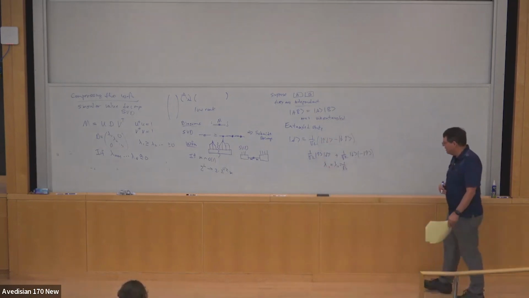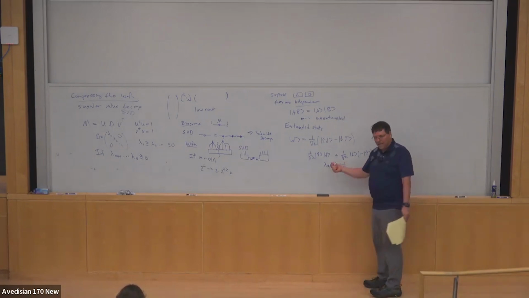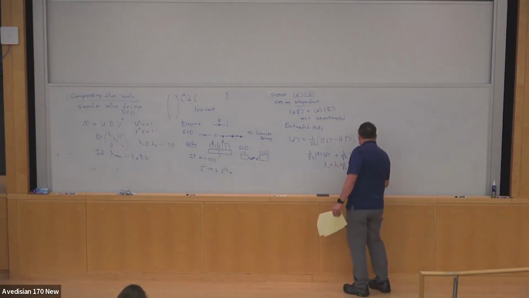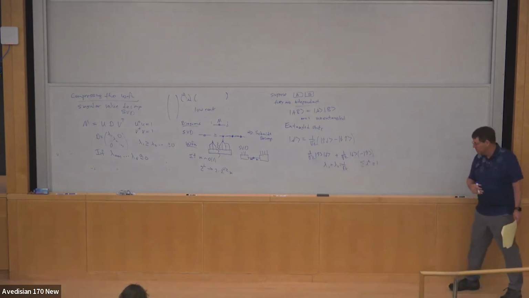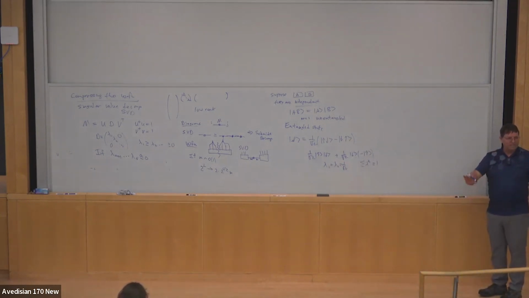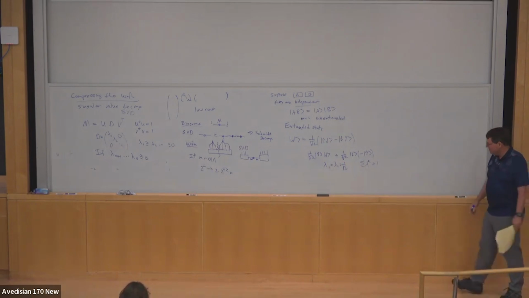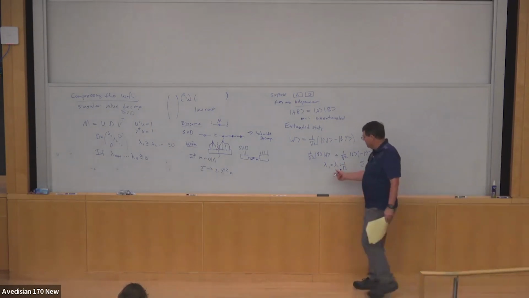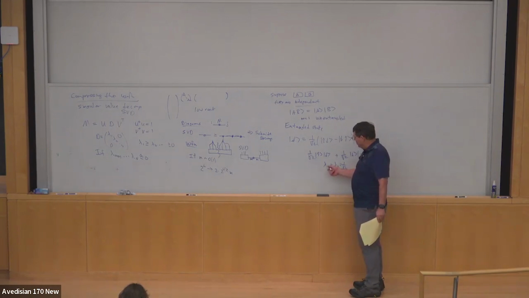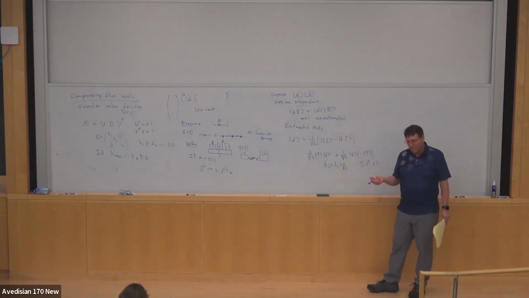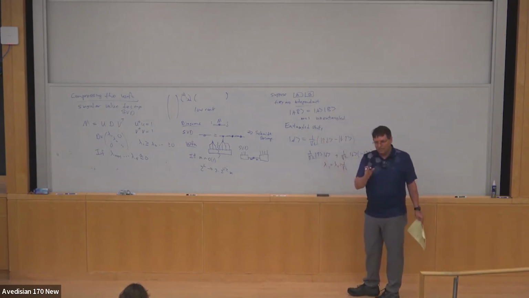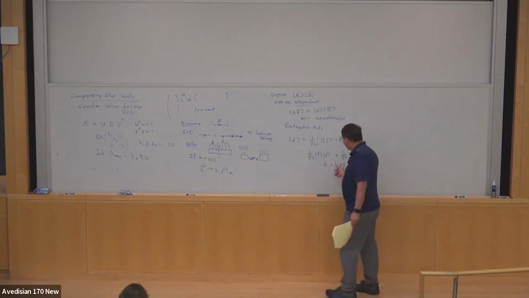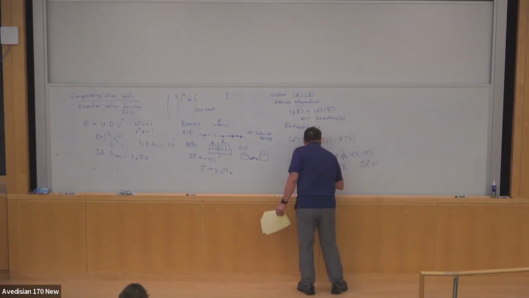Okay, and notice that if I sum the lambdas, the normalization of the wave function tells me that the sum of the lambdas quite generally is equal to 1. Okay, so the question of entanglement is just what these lambdas are doing, right? And in this case, these are two equal singular values. So this is the most entangled. This is the maximally entangled state.